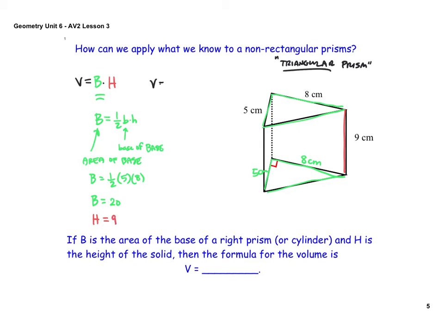So our volume would be 20 times 9, which comes out to be 180 centimeters cubed. Okay, so if B is the area of the base of a right prism, or cylinder for that matter, and H is the height, then the formula for volume, again, we're just reiterating it, would be area of the base times the height.